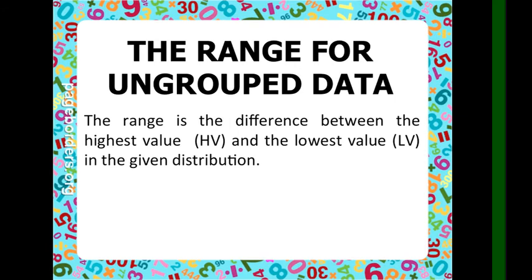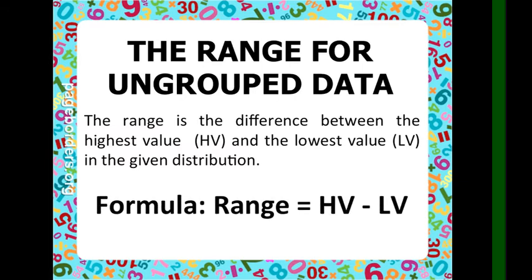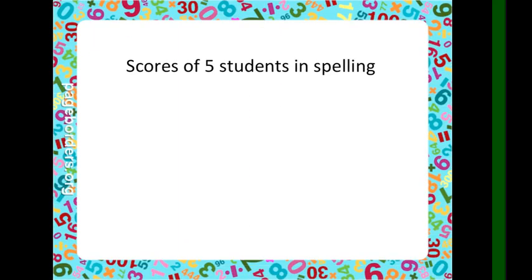The range is the difference between the highest value or HV and the lowest value LV in the given distribution. It has a formula: range equals HV minus LV. So for example, we have scores of 5 students in spelling.